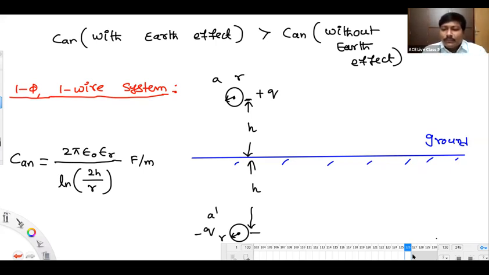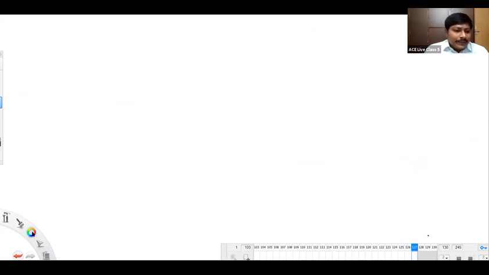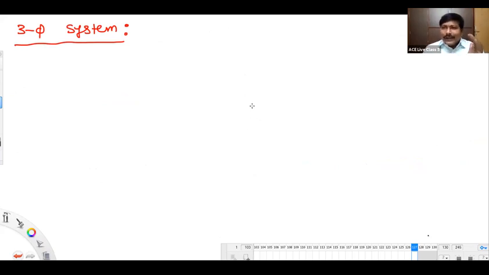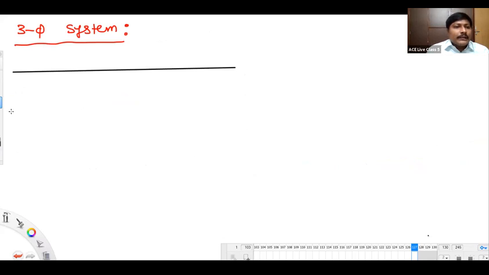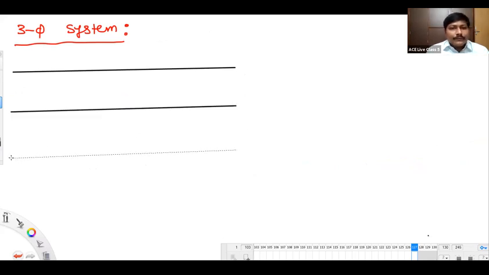Okay. So let's see the 3 phase system. Capacitance calculation for the 3 phase system. So I'm showing 3 wires here: phase A, phase B, and here we have phase C. 3 phases.